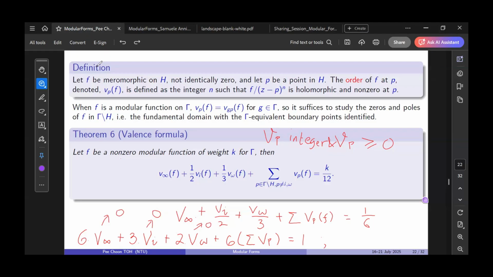This must be 0, and with the same logic, this must be 0. But 0 plus 0 plus 0 plus 0 is not equal to 1, which is another contradiction, which means there is no such non-zero modular function. So, for k equal to 2, the only modular function we have is the 0 function.